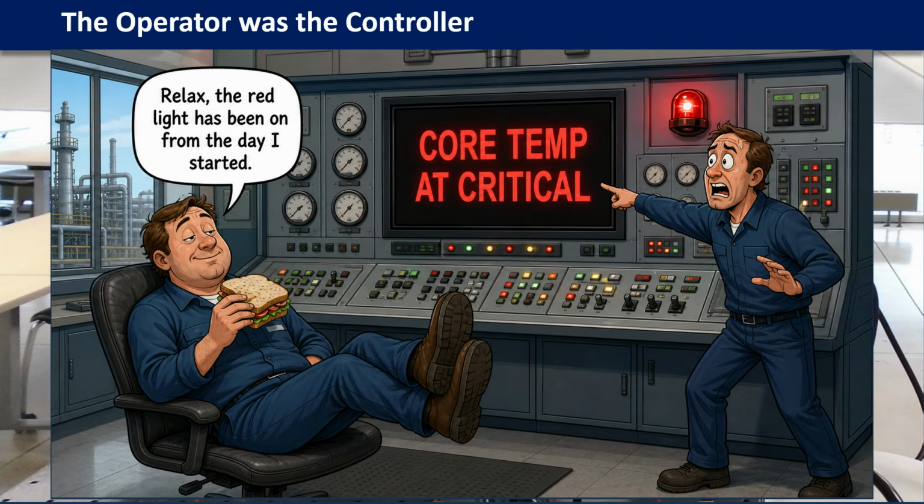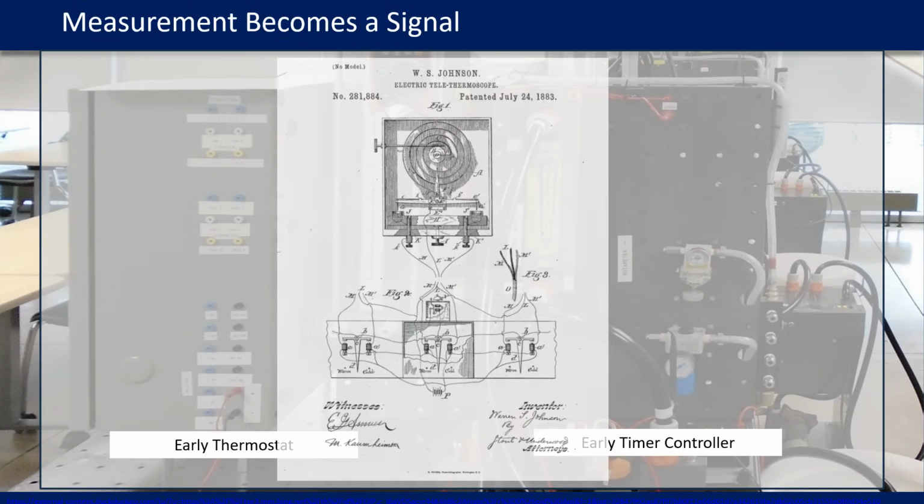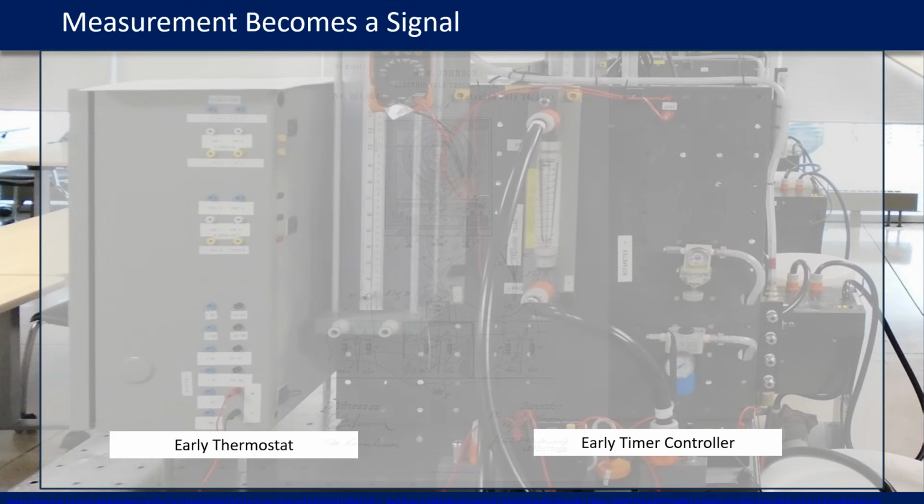The next major step was to replace some of that human observation and decision-making with automatic control. By the late 1800s, instruments were beginning to do more than display information. In 1883, Warren Johnson patented an electric room thermostat called the electric telethermoscope.